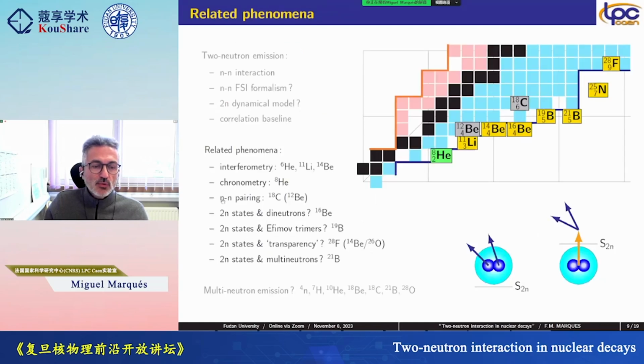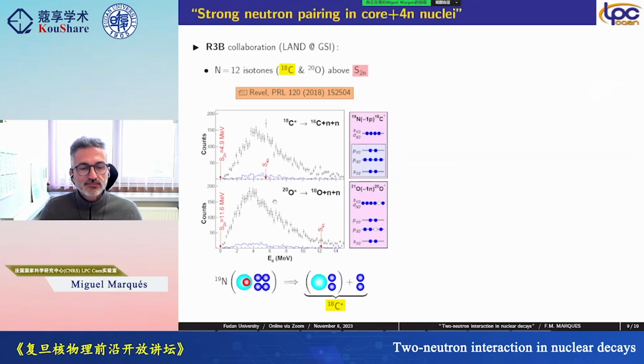And then we moved to heavier systems, carbon-18. This was work done at the GSI by Aldrich Rebel. So we applied this simple formalism to investigate neutron-neutron pairing in carbon-18. The idea, why carbon-18? So carbon-18 is a core plus 4 neutron nucleus.